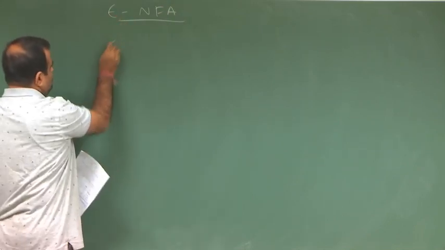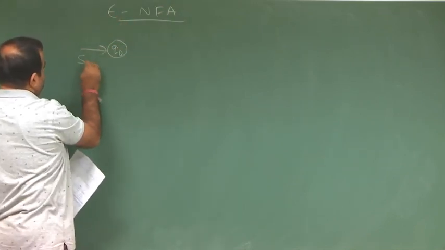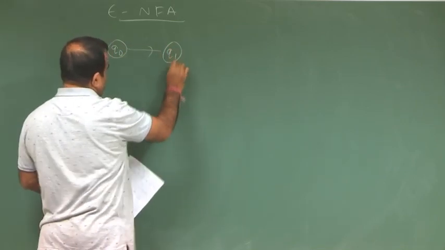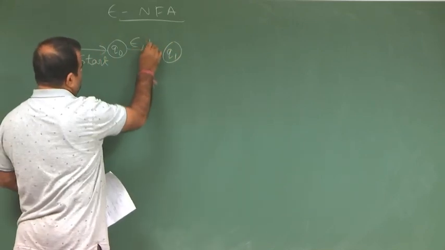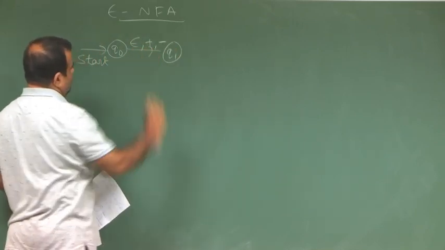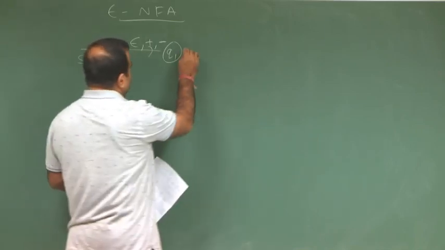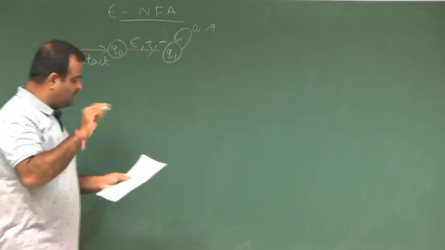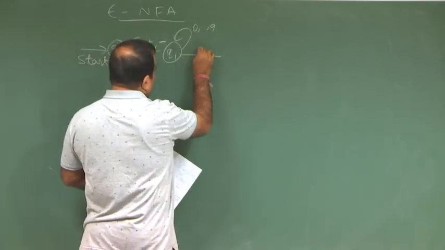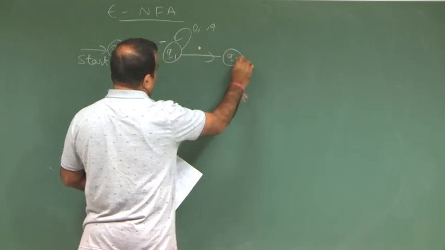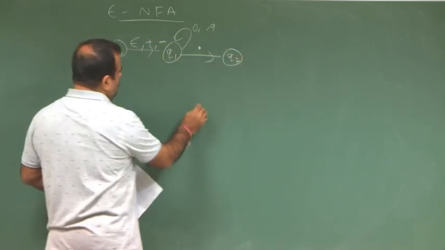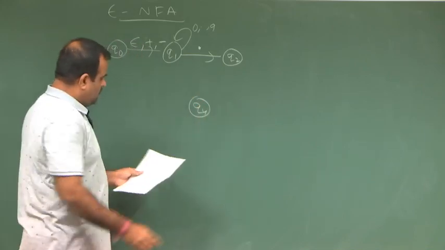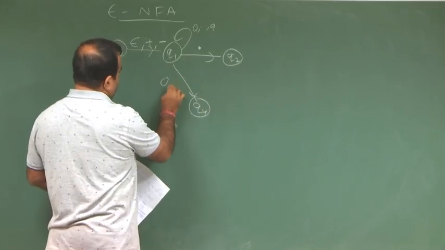This example we have seen: q0 is the starting state, and we have q1, reached by epsilon, plus and minus. From q1, on seeing digits 1 to 9, it remains in q1. If we see a dot, we go to q2, and from q1 there is another move to q4 on a digit 0 to 9.